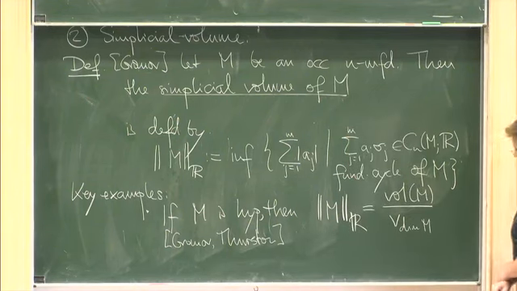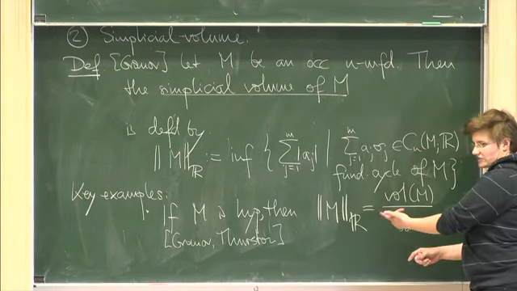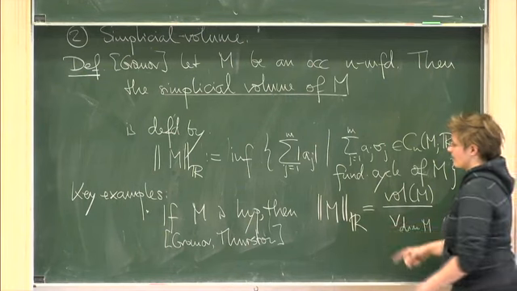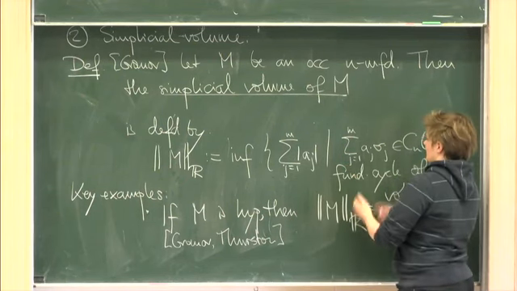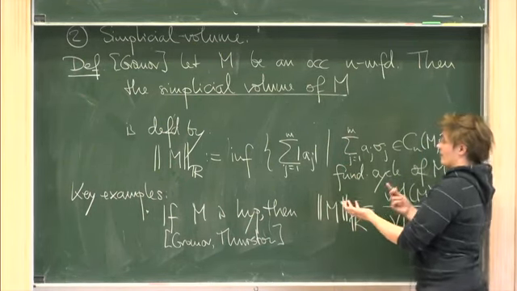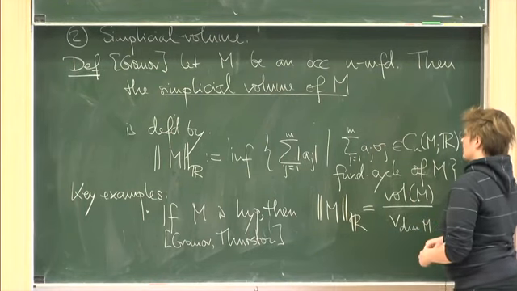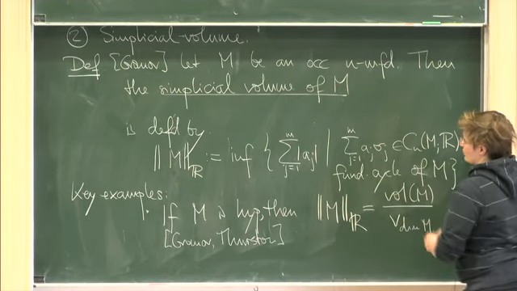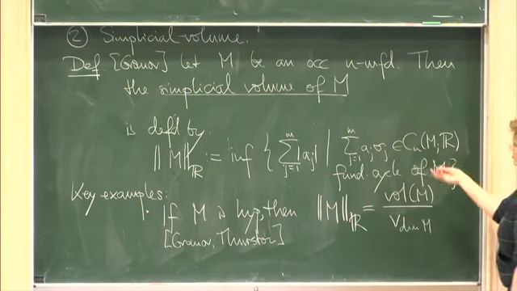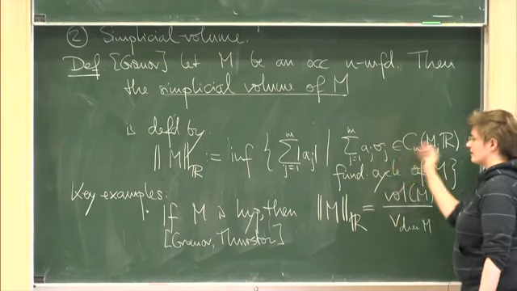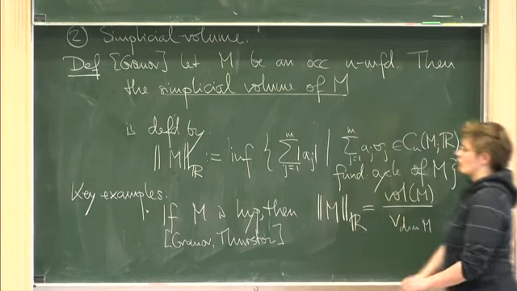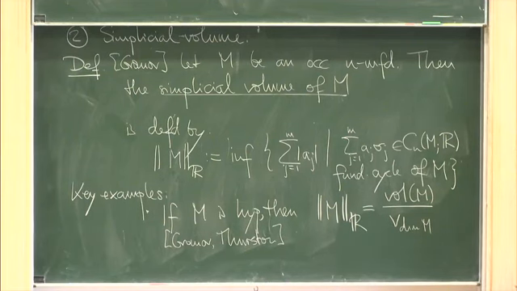And why is this interesting? Well, one consequence of this, if you believe this, is that the simplicial volume, the way it's defined here, is a topological invariant. It's invariant under homotopy equivalences because it is basically defined in terms of singular homology, which is homotopy invariant, and then you can easily see that also the norms of these classes will be invariant under homotopy equivalence.